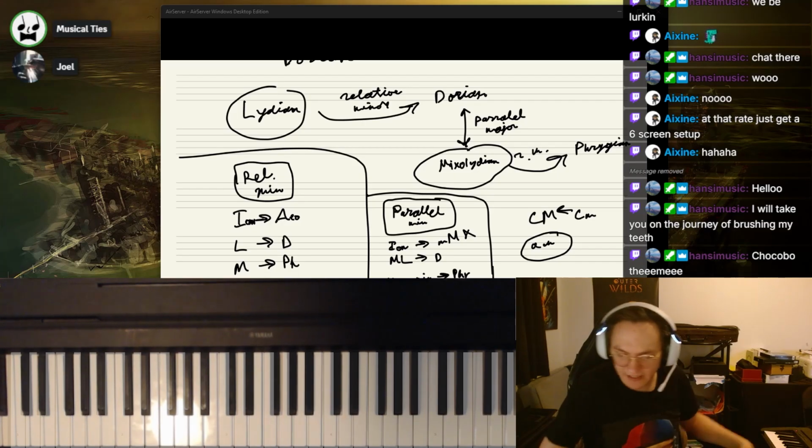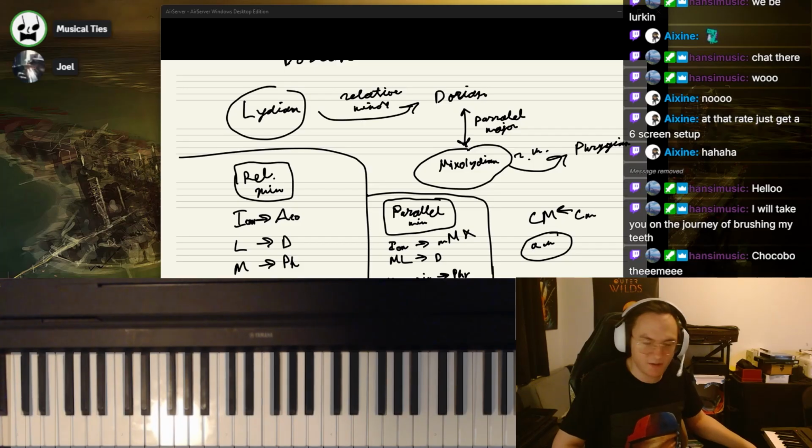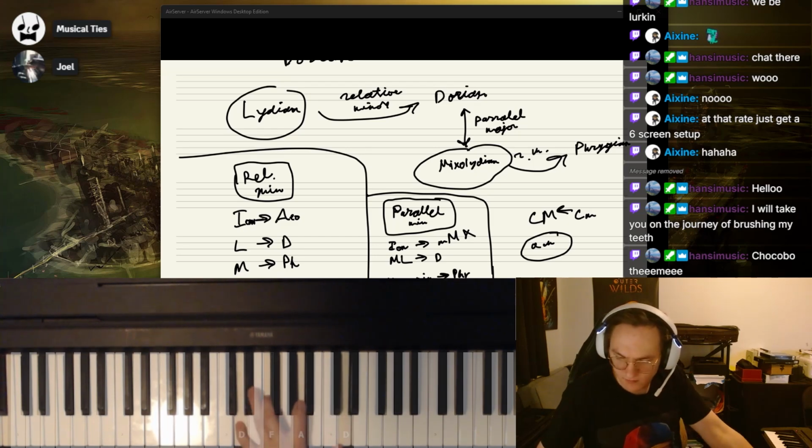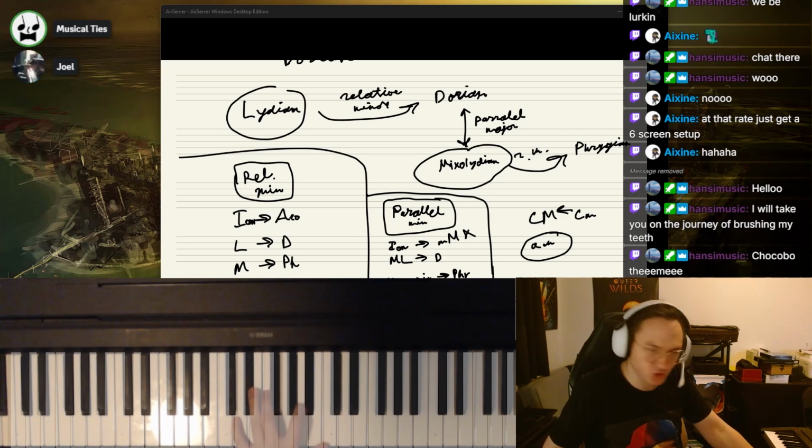Now the best way to hear mixolydian is to think of it as Dorian but major. So Dorian is minor, and the parallel major of Dorian is actually mixolydian.